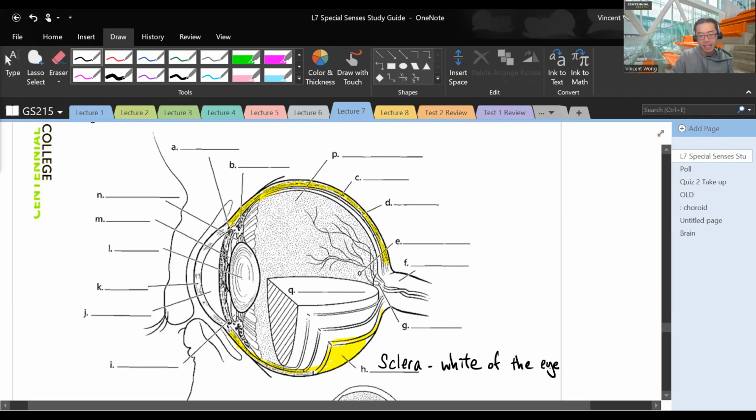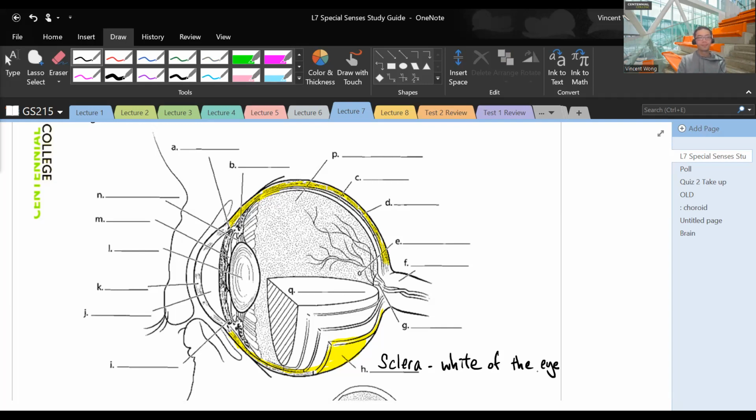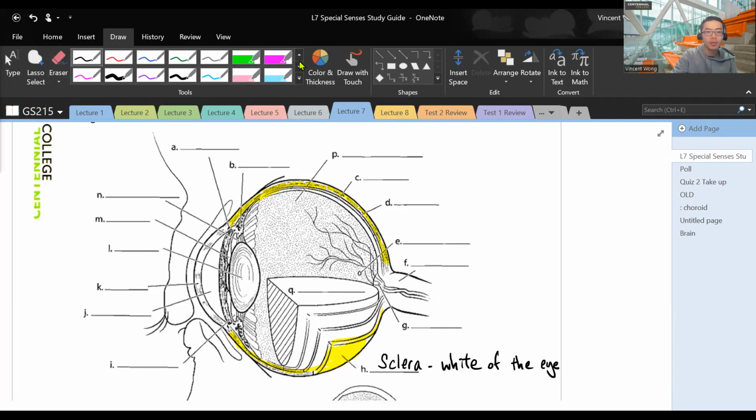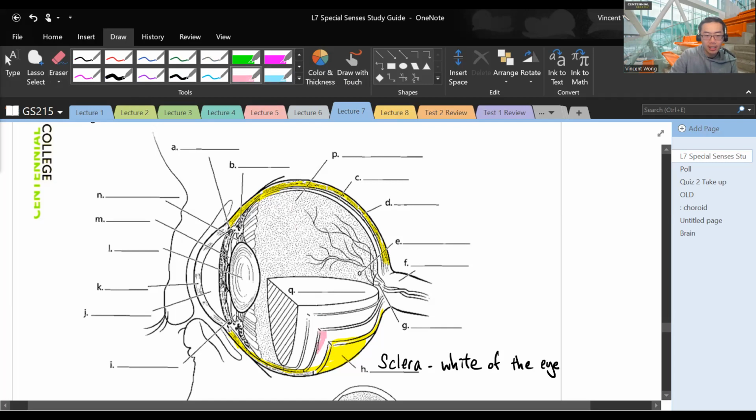When you see somebody's eye, you see the white part? That's the sclera. You can see some blood vessels in the white sometimes, but the blood vessels are actually not in the sclera. The blood vessels are on the layer that's beneath the sclera.